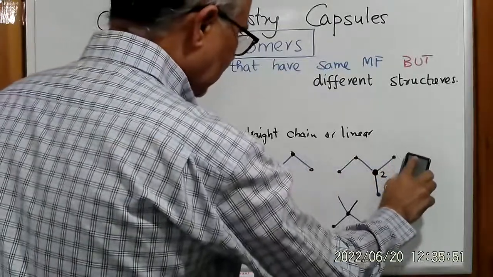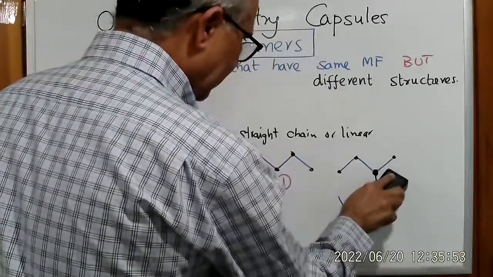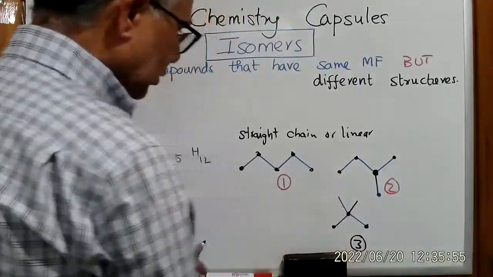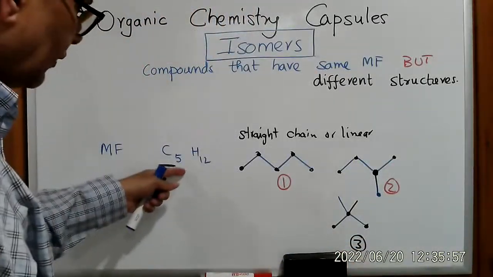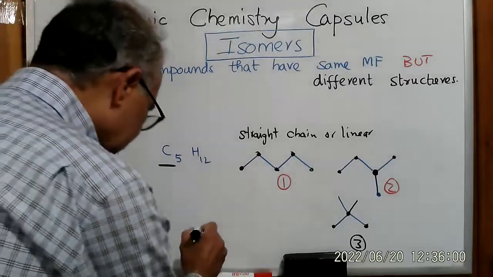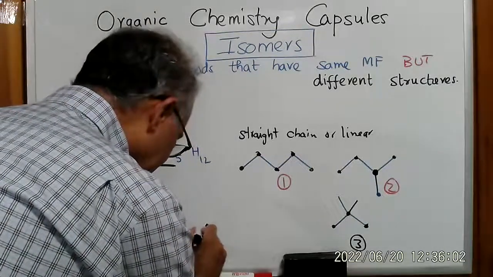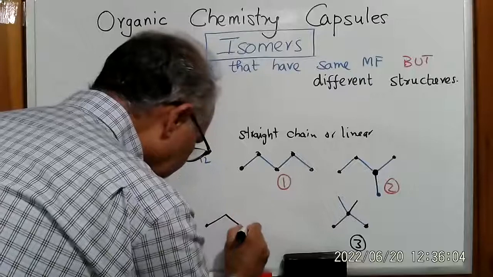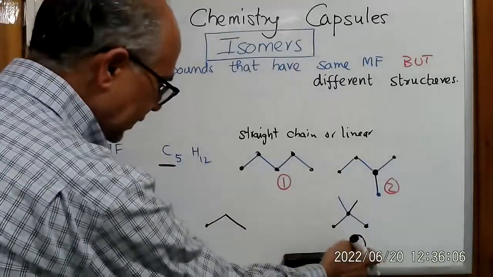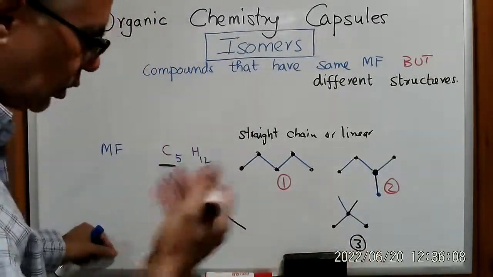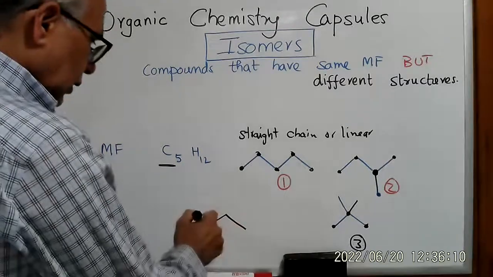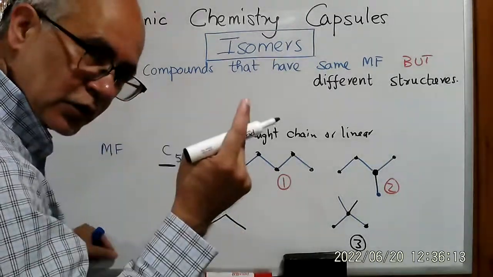Now, one more trial to see if we can get any more constitutional isomers from this molecular formula. I'll start with a 3 carbon chain: carbon 1, carbon 2, carbon 3, same as structure 3, but I'm talking through this. We need to add 2 more carbons.